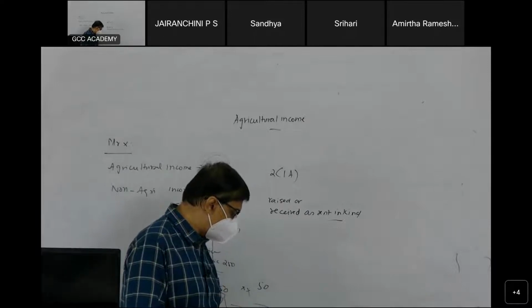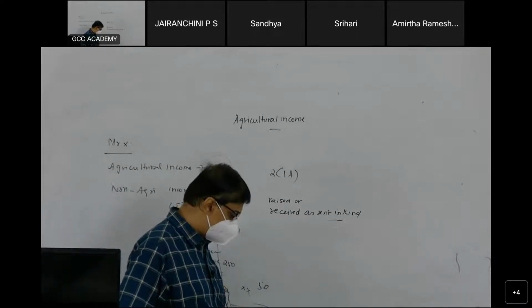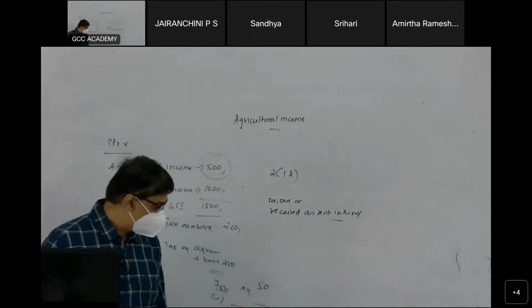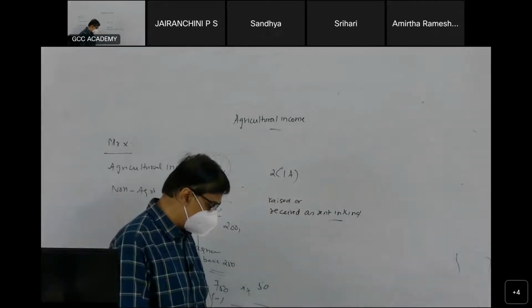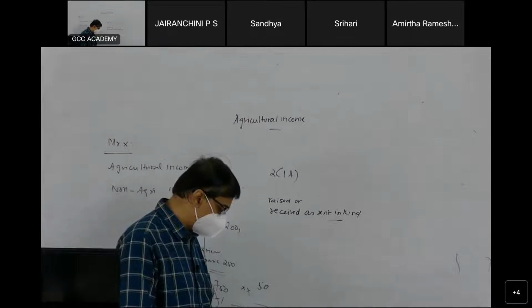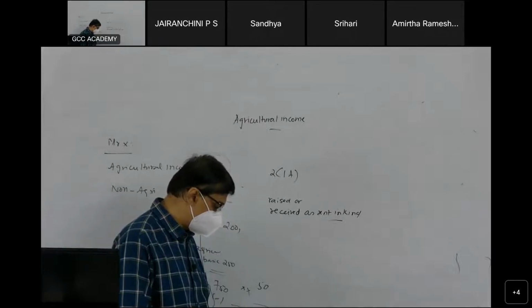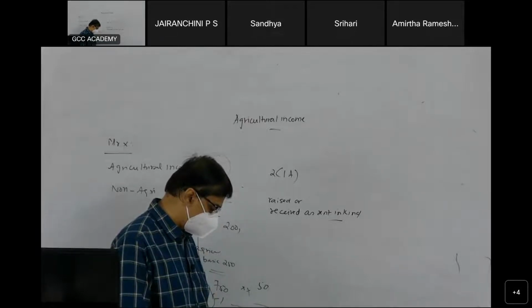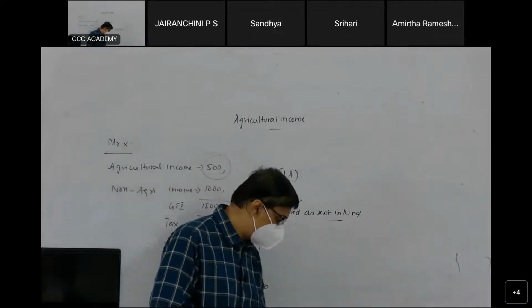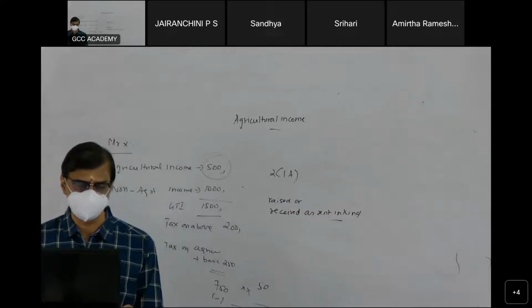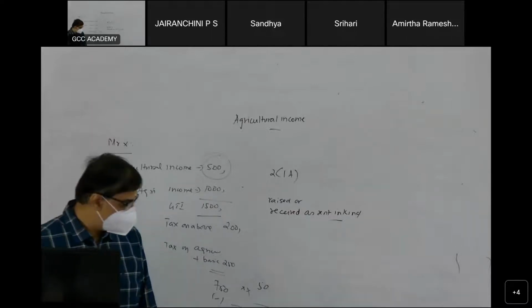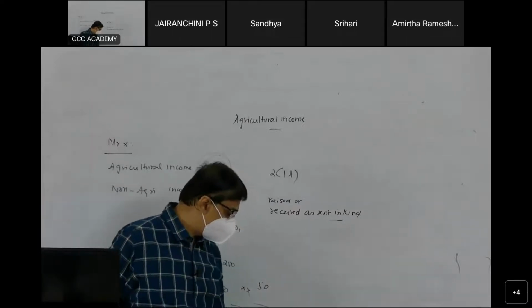Any income derived from saplings or seedlings grown in a nursery shall be deemed to be an agricultural income.